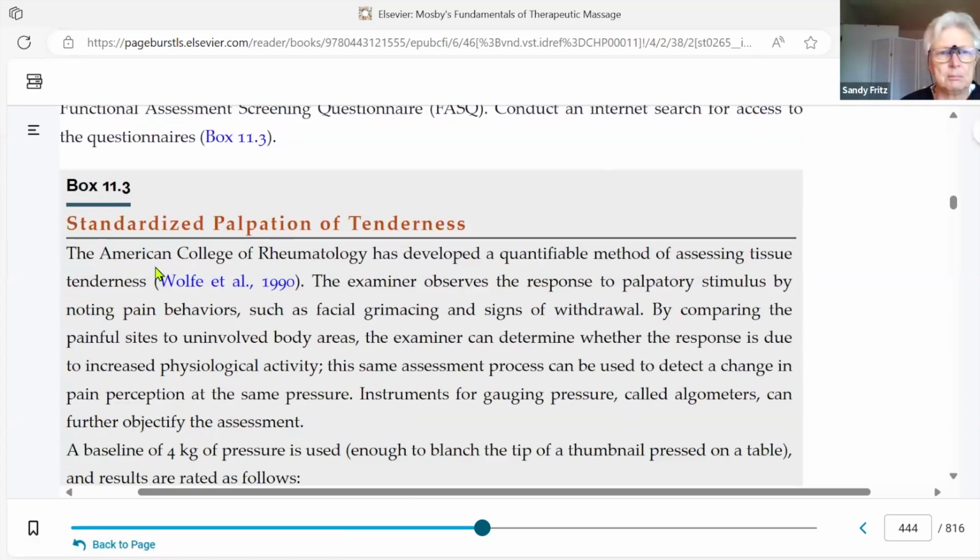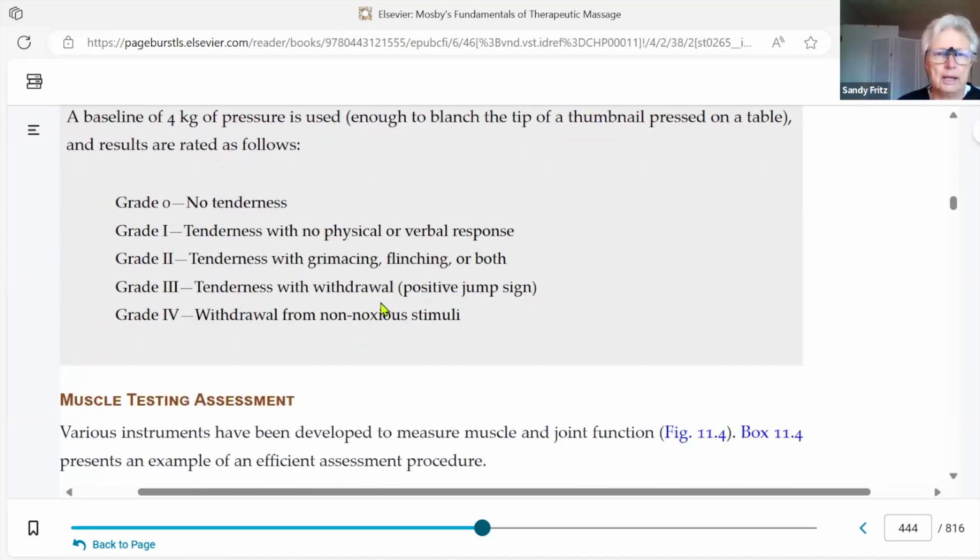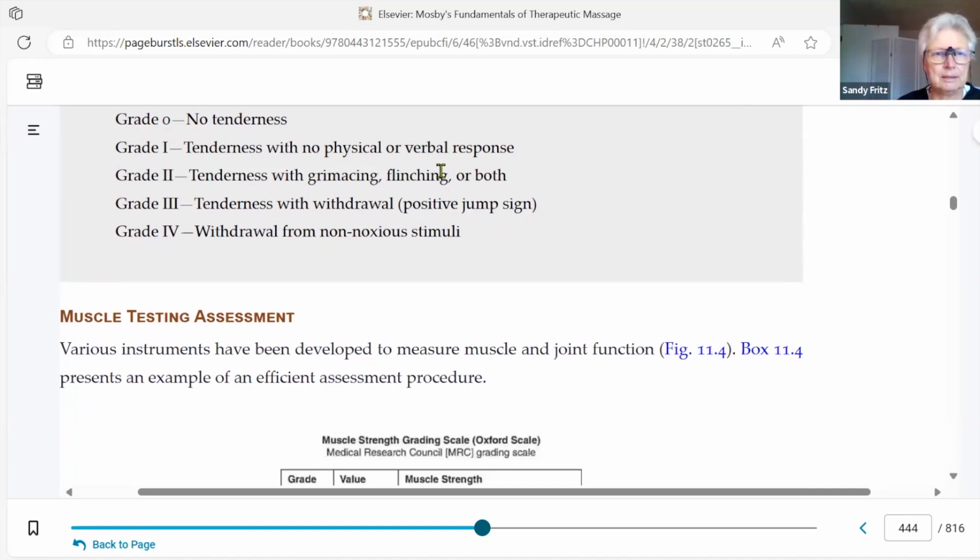So here we've got some ideas about how we would try to objectify a feeling, a palpation of tenderness here. And again, tenderness typically falls into that interpretation of pain. But we can try, right? And you want to watch for these pain behaviors, because sometimes we're just pressing too hard, or pressing too hard over a bony area or over a nerve.